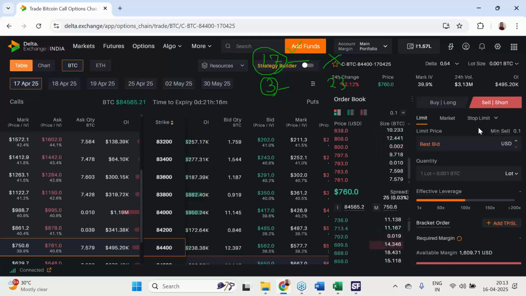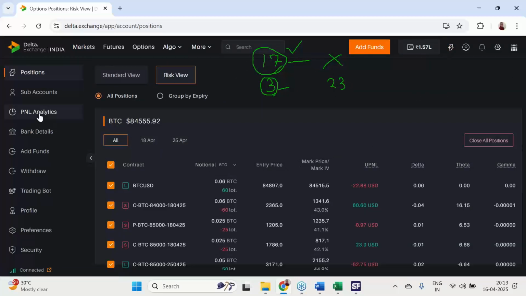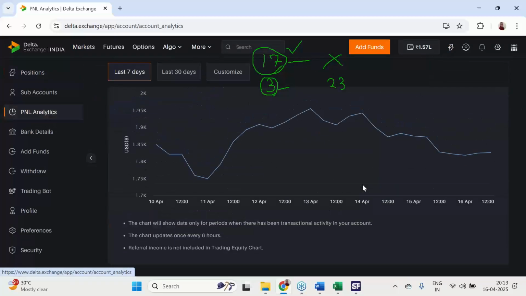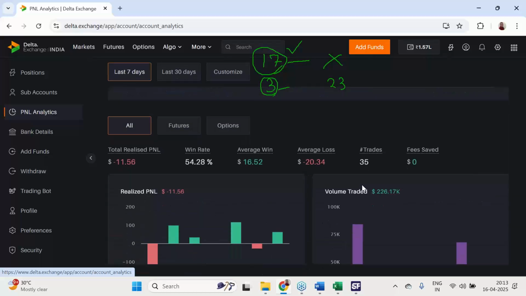Sometimes negative, sometimes positive, but net it will land you in the positive territory. So you can see here $100 came, $34, $100, this $63. Here 6 days it is showing, 4 days we win, 2 days we lost.